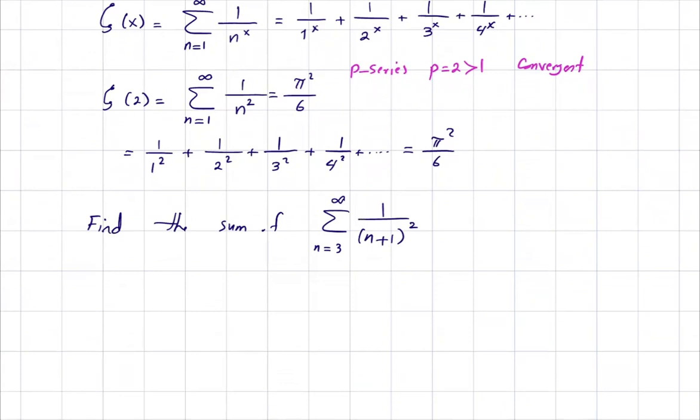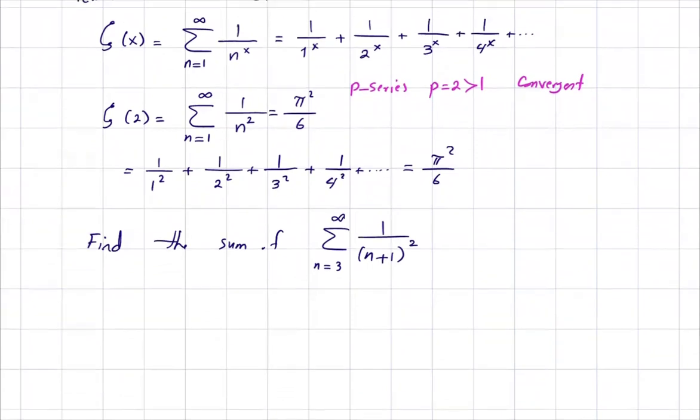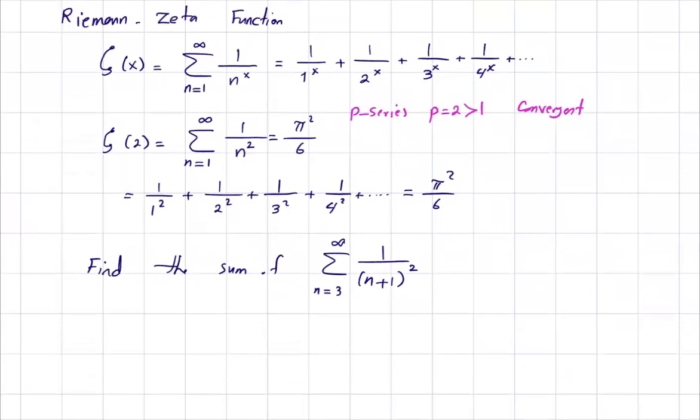Okay, so I'm trying my best to find any resemblance between zeta of 2 and this sum here. We try to find some similarity between zeta of 2 and this sum.